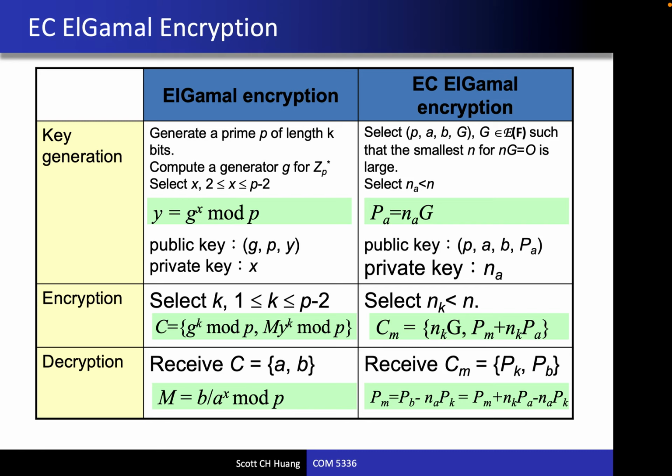Okay, actually for elliptic curves, you don't have that much freedom to choose those parameters, because those parameters were simulated using supercomputers. So those are carefully studied. Those curves do not have much weakness.